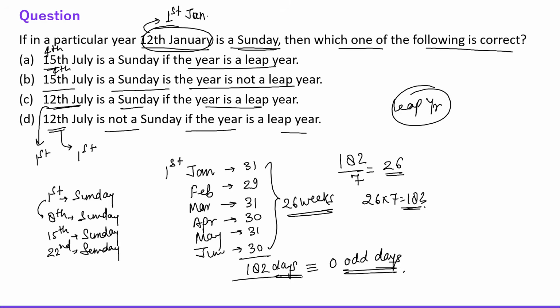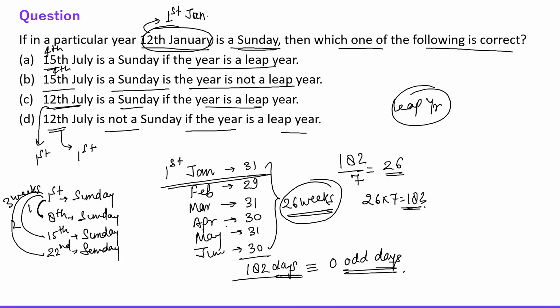This is 1 week, these are 2 weeks, these are 3 weeks. So when we add a complete number of weeks, the calendar gets repeated. After 26 weeks, it will be again Sunday. If 1st of January is Sunday, then after 26 weeks, it will be again Sunday.